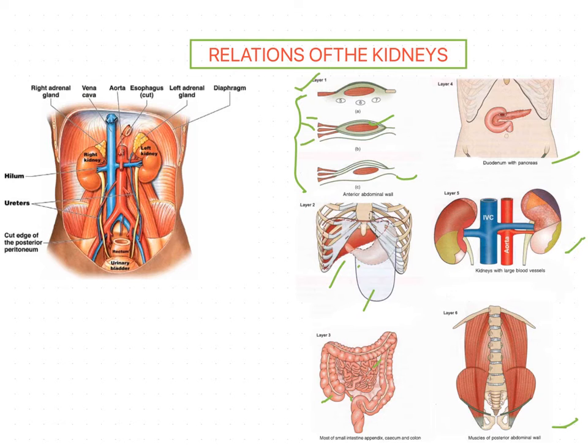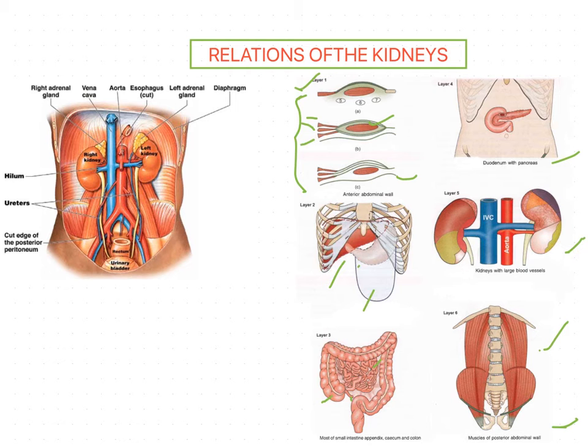In the 6th layer we can find the posterior abdominal wall muscles as well as some of the important nerves and blood vessels, which come out through the vertebrae. So the kidneys are placed at the 5th layer.